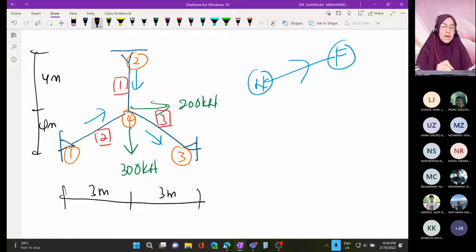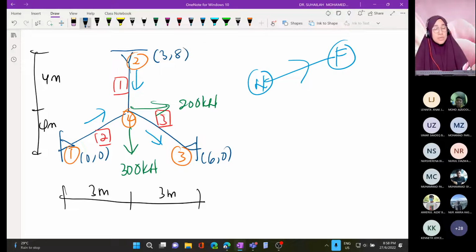That is why we choose node 1 as origin, so that node number 2, node number 3, node number 4 all get positive coordinates. So here we get 6, 0. Okay, we get 3, 8, right? 3, 8. And then node number 4 we get 3, 4. Okay.